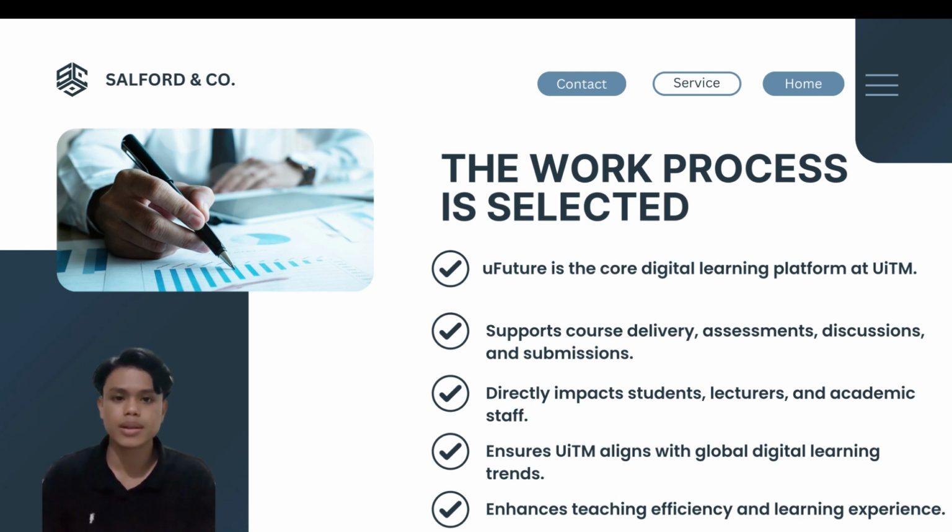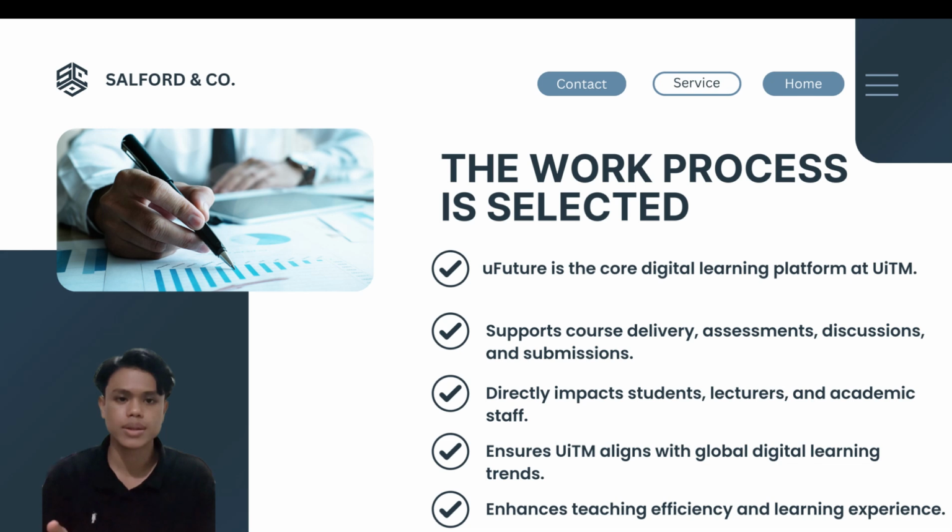So I will discuss why the work process was selected. The UFuture system is selected because it is the core digital learning platform at UiTM. It supports important academic activities such as course delivery, online assessment, discussion, and assignment submissions. The system directly impacts students, lecturers, and academic staff in their daily teaching and learning processes.